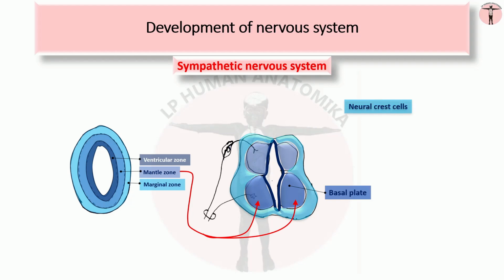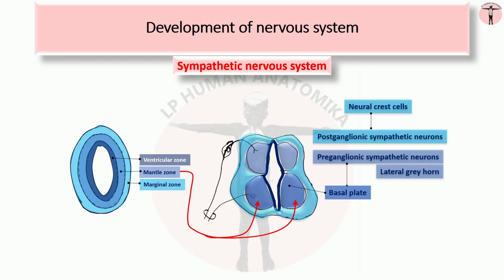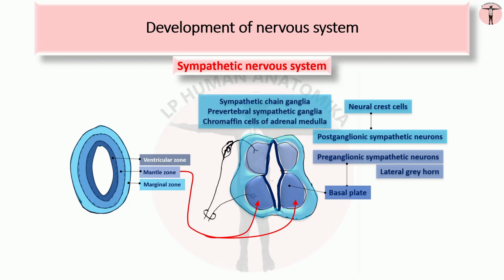The basal plate of the neural tube gives rise to preganglionic sympathetic neurons within the intermediolateral cell column or lateral gray horn of the spinal cord. The neural crest cells give rise to postganglionic sympathetic neurons within the sympathetic chain ganglia, prevertebral sympathetic ganglia such as celiac ganglia and chromaffin cells of adrenal medulla.